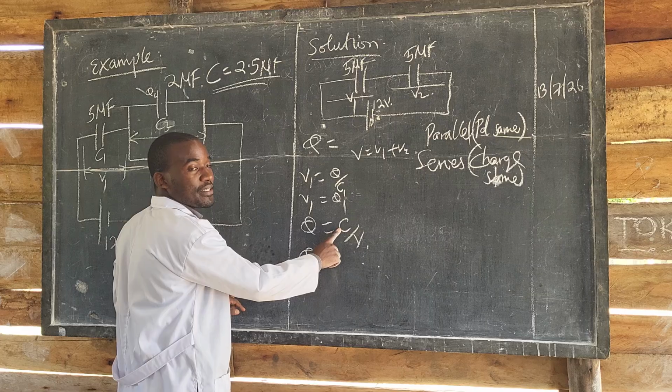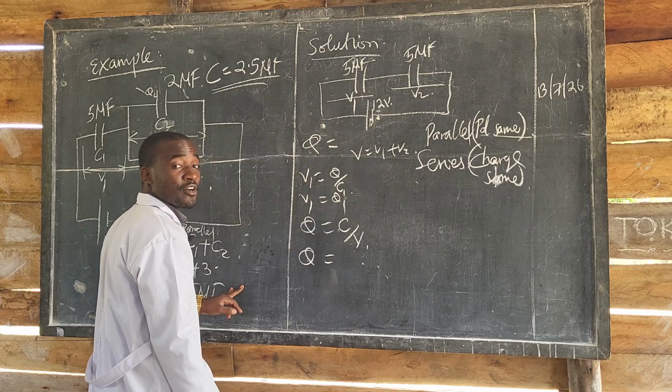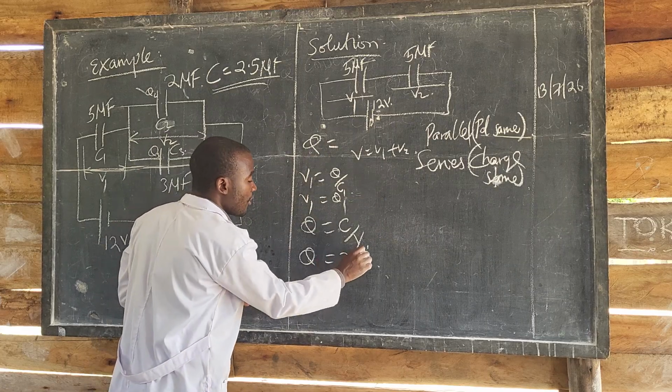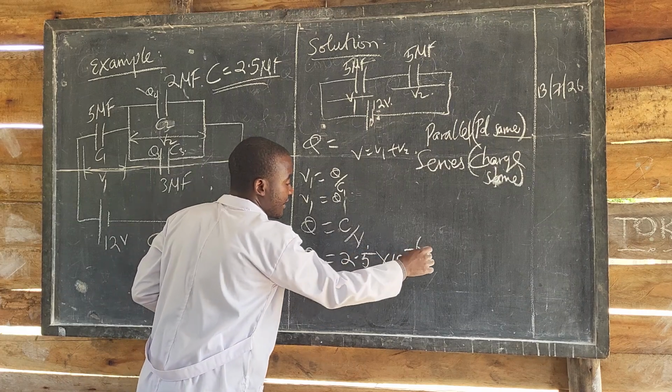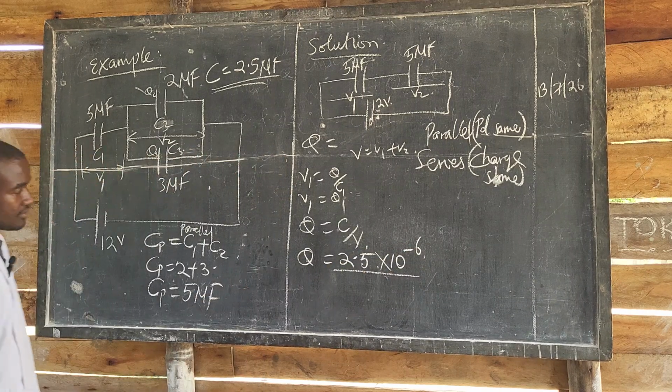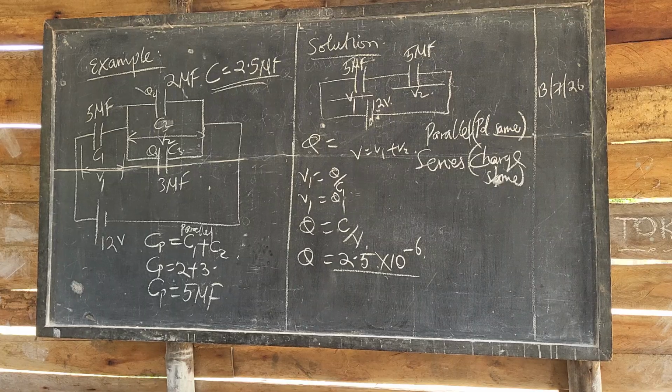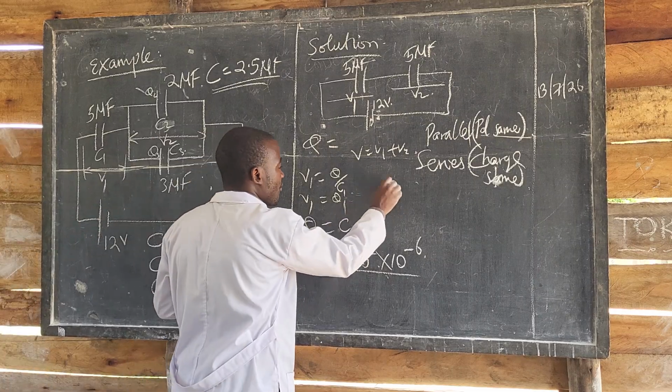Then C is the capacitance of the system, which we have as 2.5 times 10 to the power negative 6. Are you sure that is the formula for finding Q?